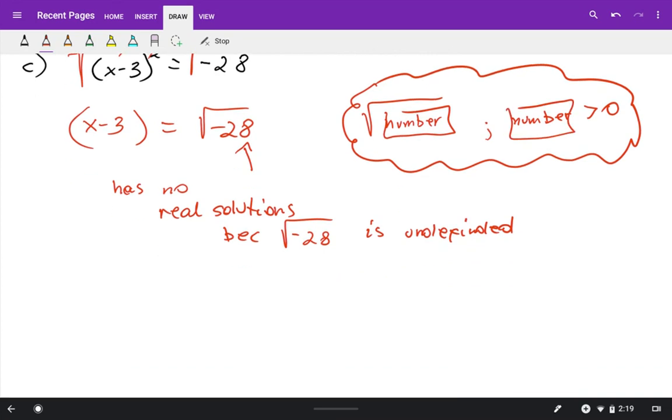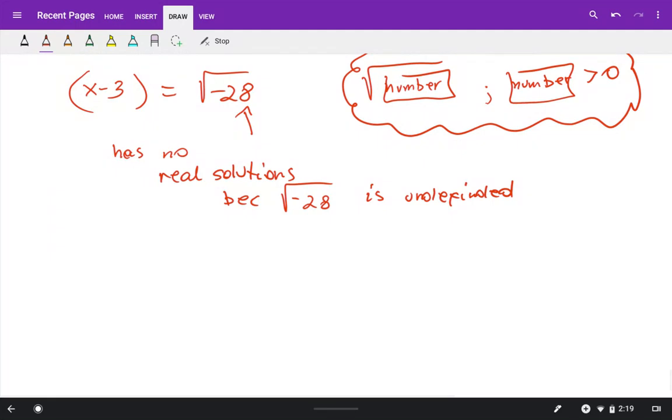Okay, so next, guys, solving quadratic equations. Another method is by completing the square. I will be honest with you, I'm going to skip completing the square right now.